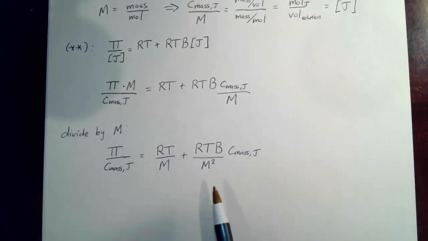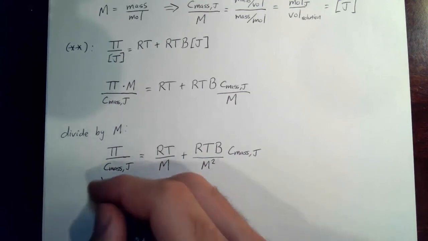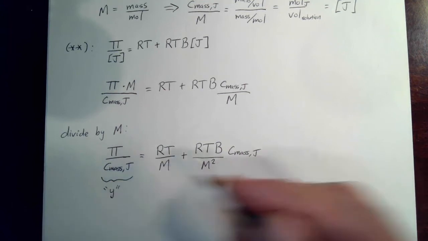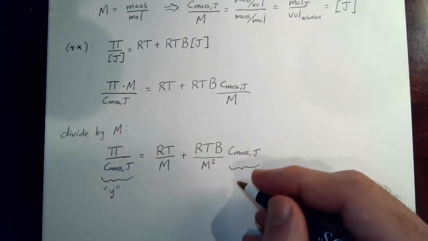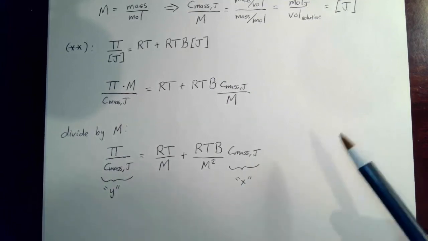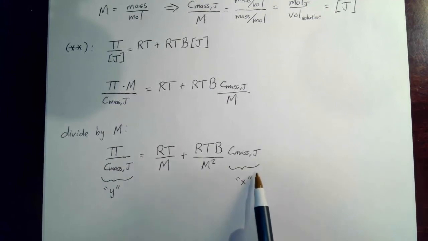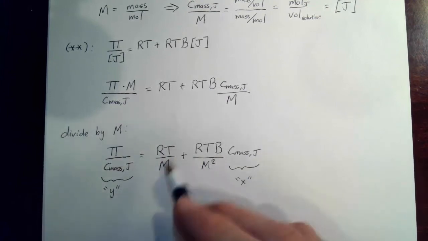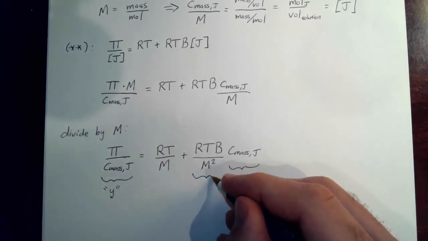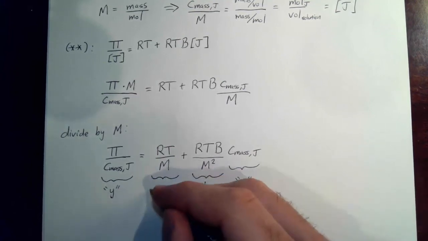Now we can do what I mentioned before: I call this Y and this X. This is exactly like we had before, except it's mass per volume instead of moles per volume, but it's the same idea. These coefficients have changed a little, so this is still the slope, and this is still the y-intercept.